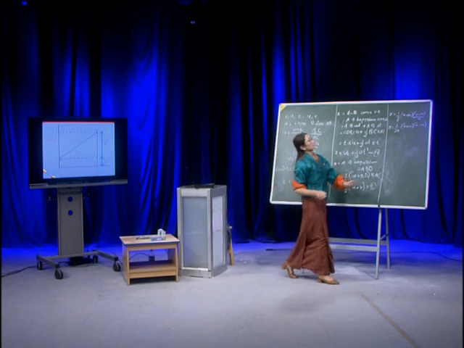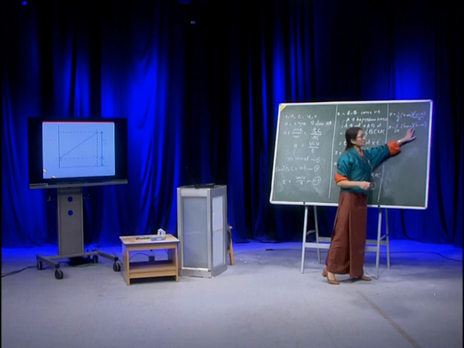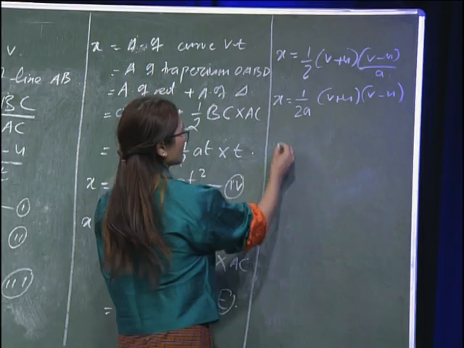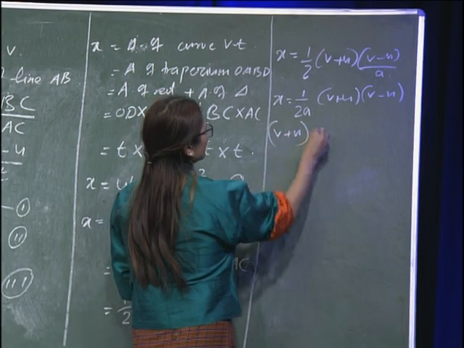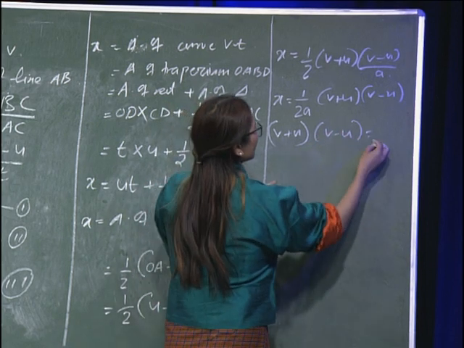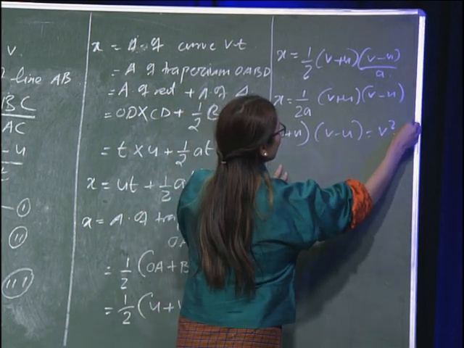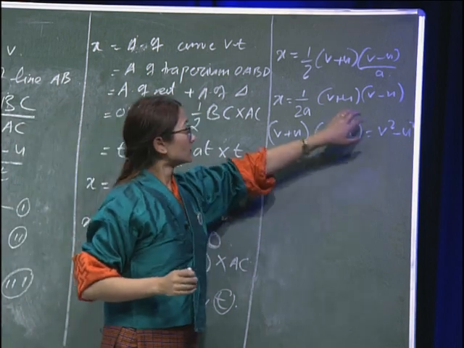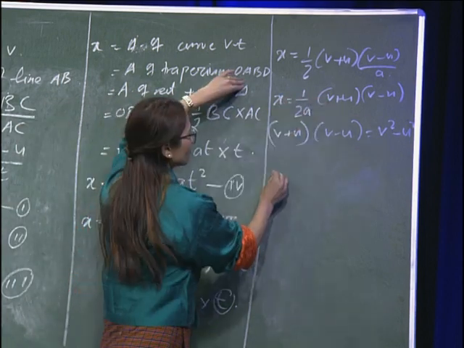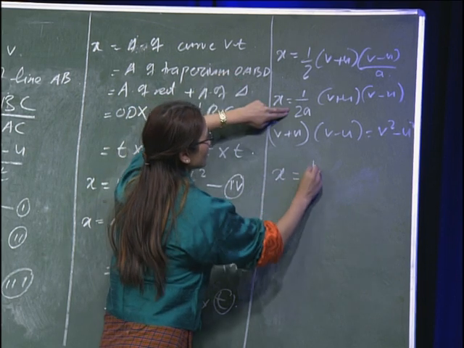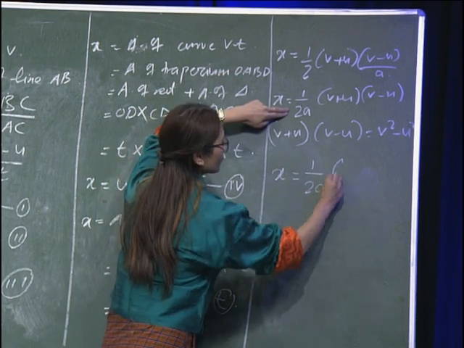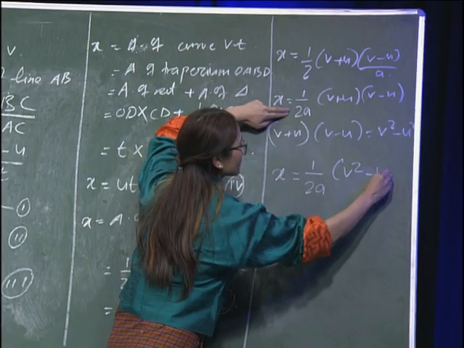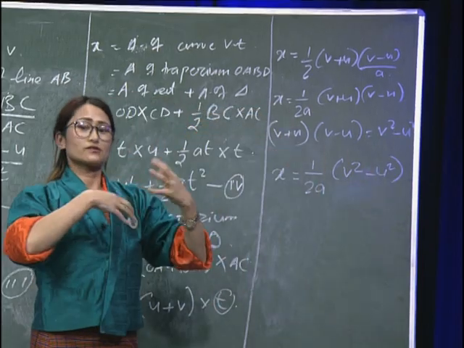So we are going to apply this rule here to v plus u and v minus u. So this v plus u times v minus u is the same as writing v square minus u square. Okay, so after applying this rule in our displacement, we finally get our x as 1 by 2a times v square minus u square. Or let us rearrange this.